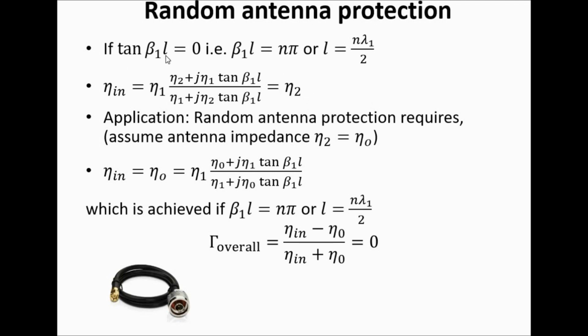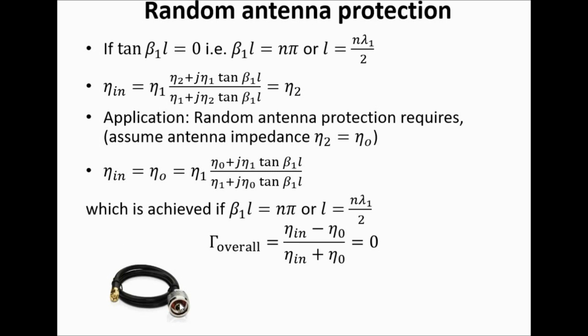If you set the length to n lambda over 2, let's say n equals 1 or 2 or 3, so if n equals 1, lambda over 2, if you choose the length of a wire equal to lambda over 2, then the input impedance will be the impedance eta 2.